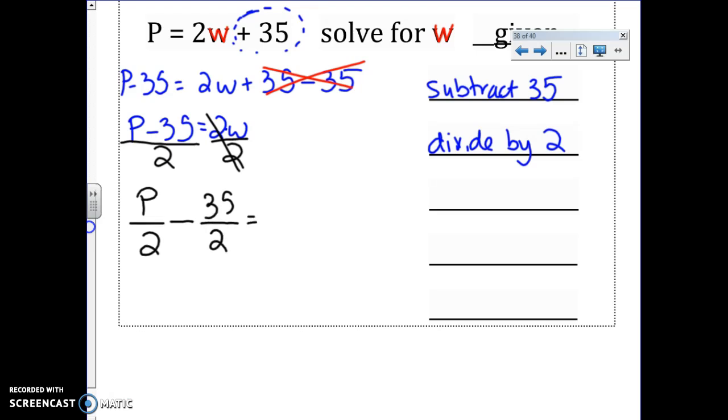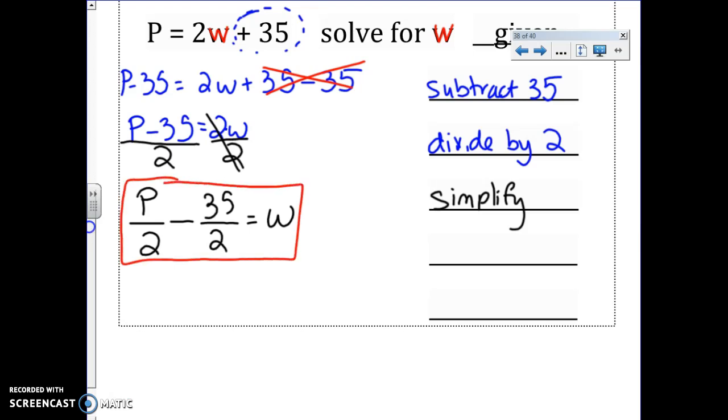If you want to take 35, divide that by 2 in the calculator and get a decimal, you can do that. All right, but that's my formula. You could have also just left it as P minus 35 all divided by 2, as in the step above, whichever one looks more simple for you.